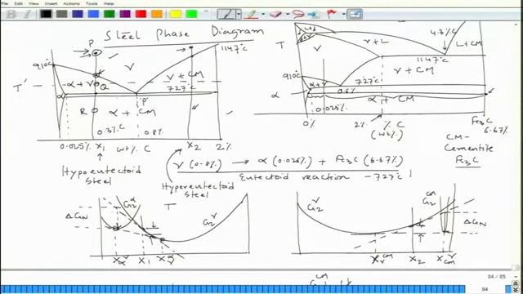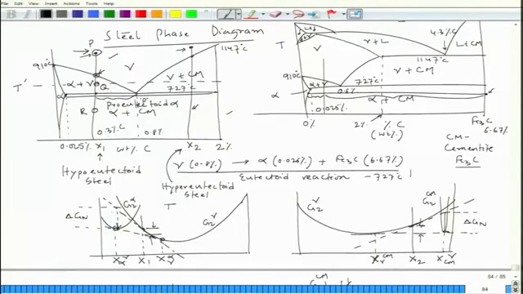So, I have to only find out what will be the pro-eutectoid alpha. So, this would be my pro-eutectoid alpha of this composition just below.